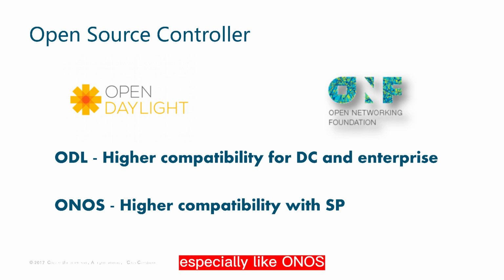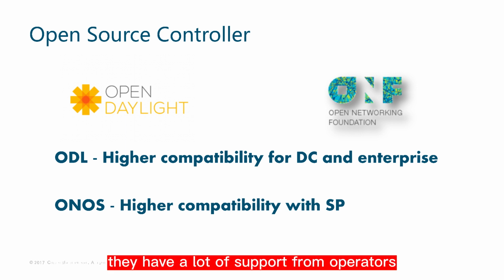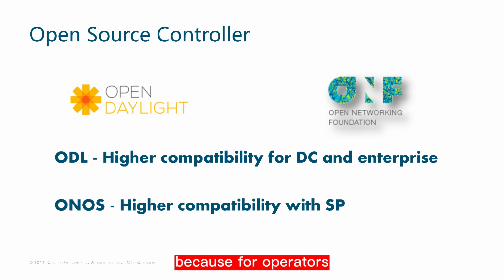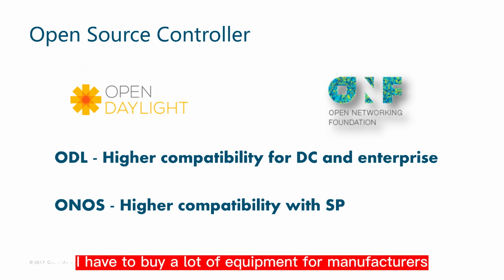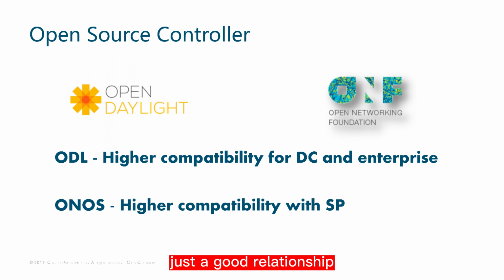Especially ONOS. They actually have a lot of support from operators, because operators have to buy a lot of equipment from manufacturers every year. So they have a very ambiguous relationship. It is a good relationship, but in fact it is also a relationship between paying and being paid.